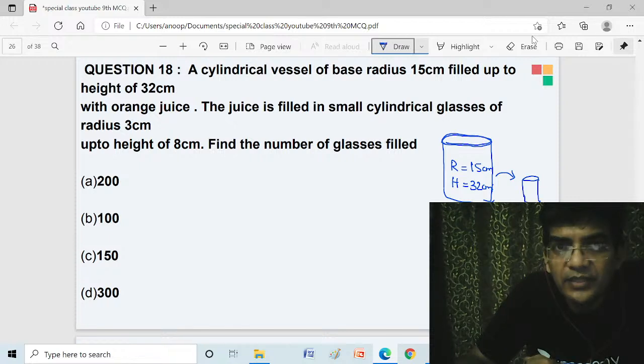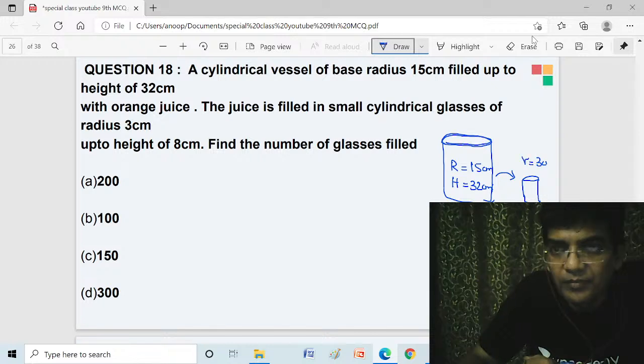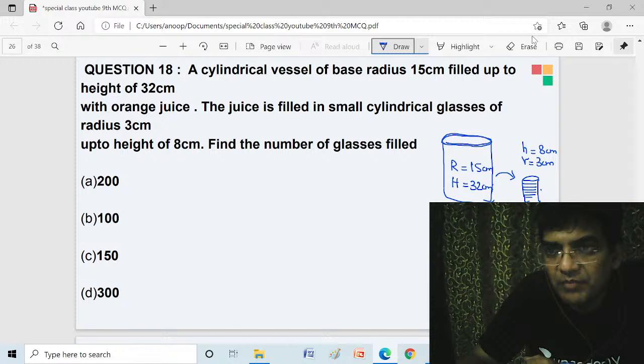Now these glasses are of radius 3, and the height is 8, and these are filled. Now they are saying how many glasses are filled. So let the number of glasses filled be n.